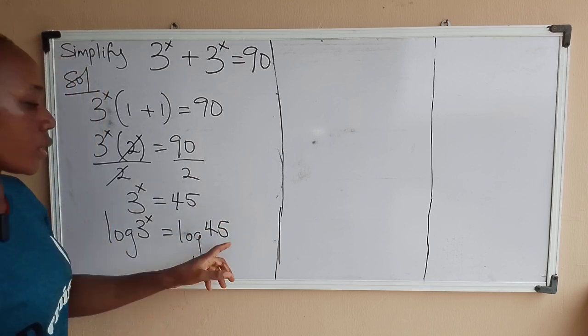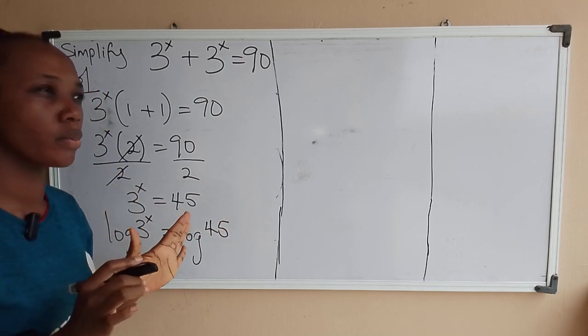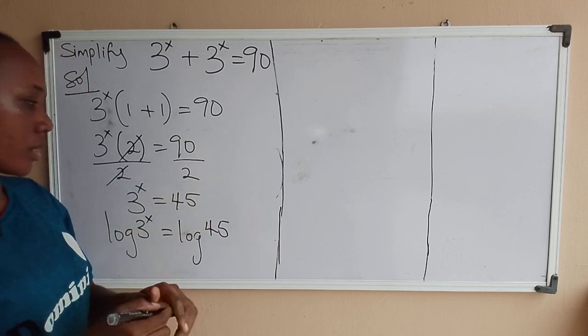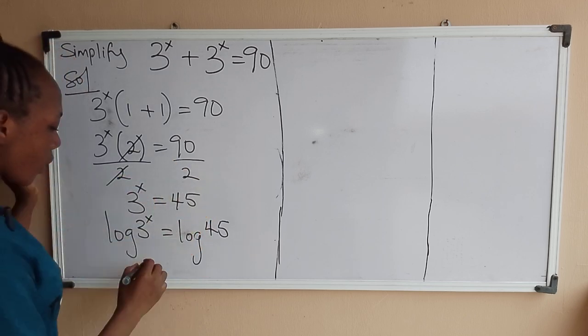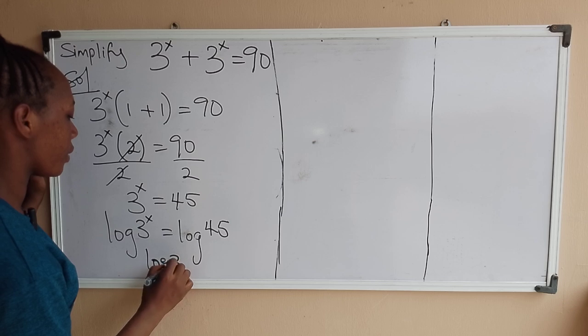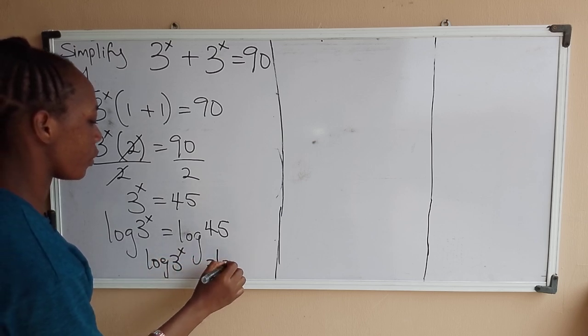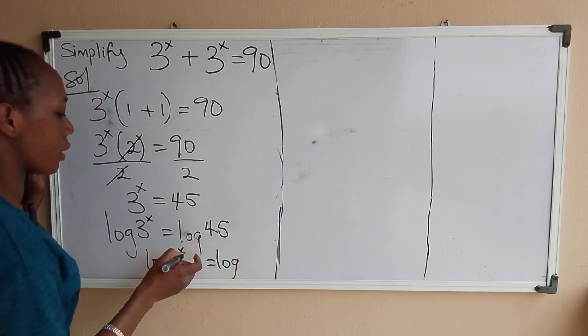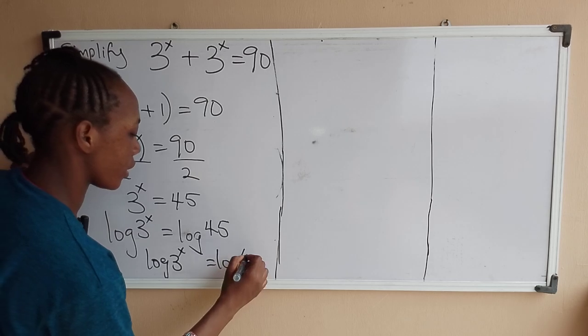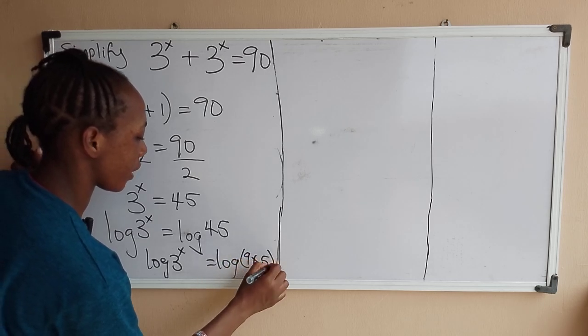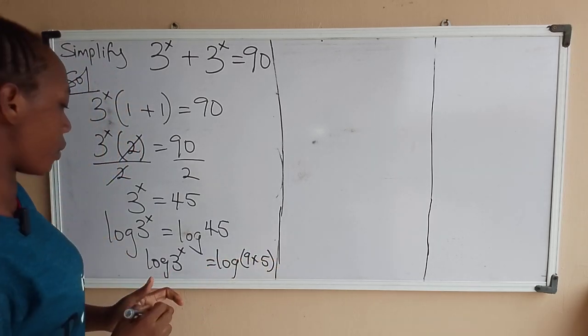Now, log 45, what will come to our mind is 9 times 5. So we have log 3 to the power of x equal to log of 9 times 5.